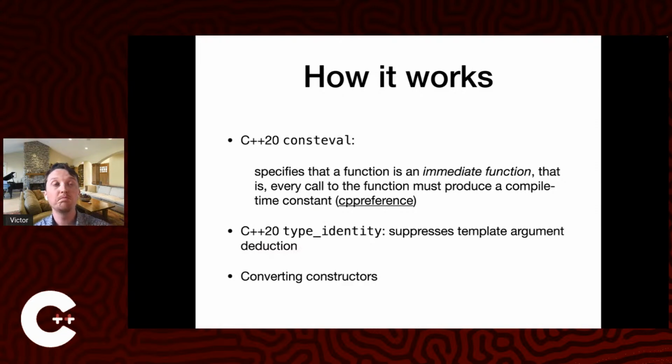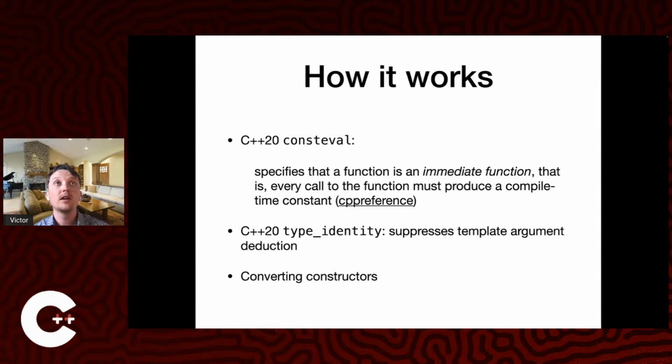It relies on 3 things, basically. C++20 consteval, which essentially says that every call to the function must produce a compile time constant. So basically, it's a stronger version of constexpr.